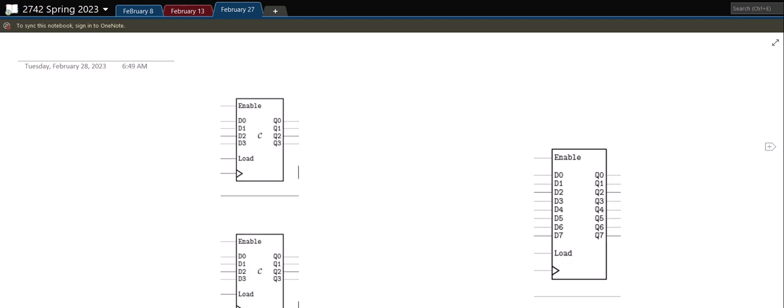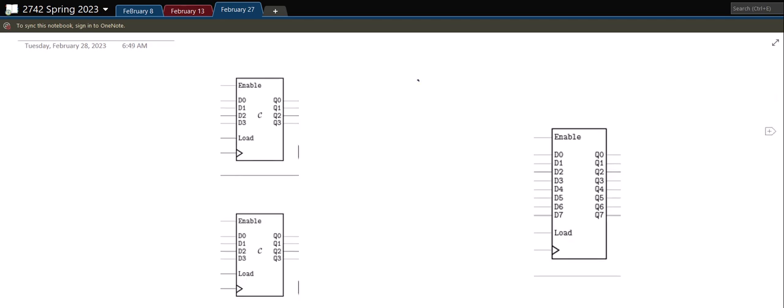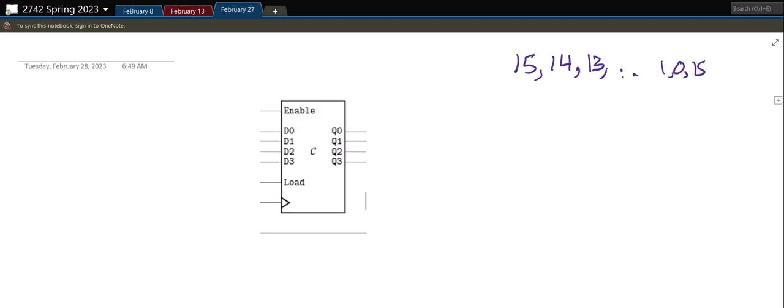So this one will look like this. All we have to do here is we load 0, or 1 on the enable, and load 0. And here's the clock. And we actually don't need to attach anything to the load here because it's just going to count the way it needs to count.